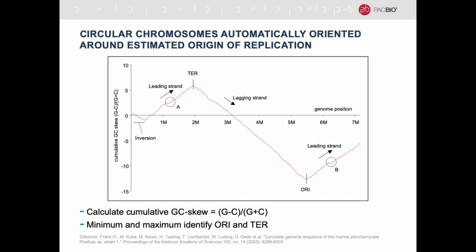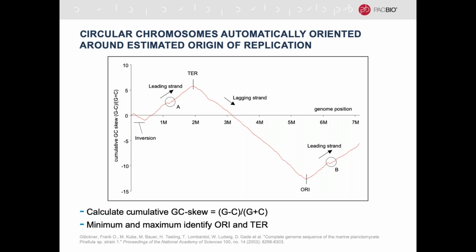But you can see that the minimum and the maximum of the GC skew indicate the terminus and the origin of replication. So this calculation is done in our pipeline. The minimum is determined, and then the contig is oriented such that in the FASTA file that is output, the origin of replication is at the beginning and the terminus is at the end.